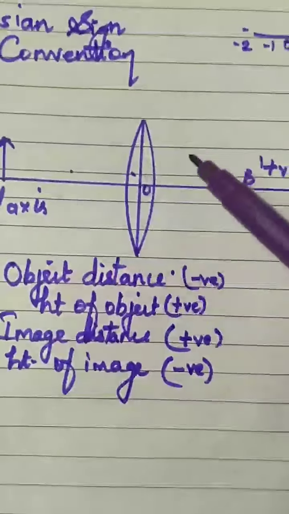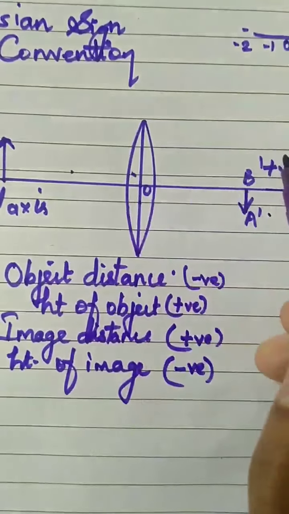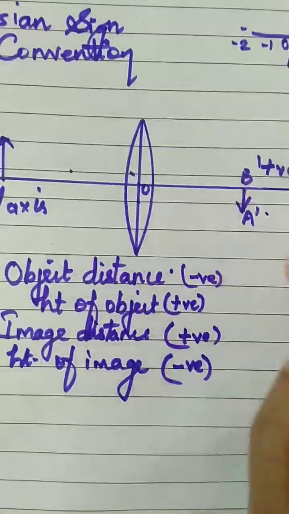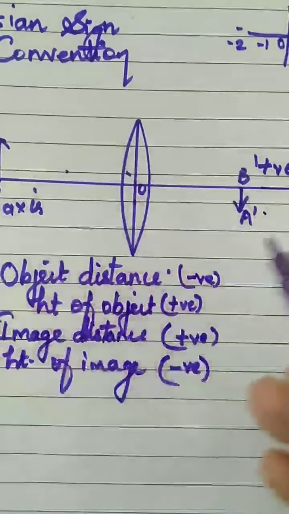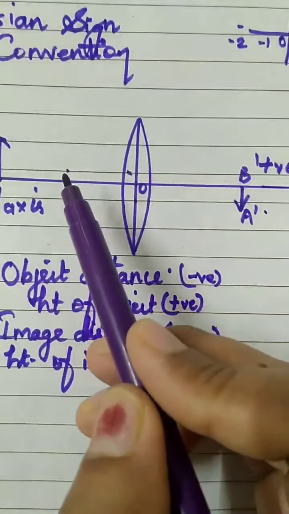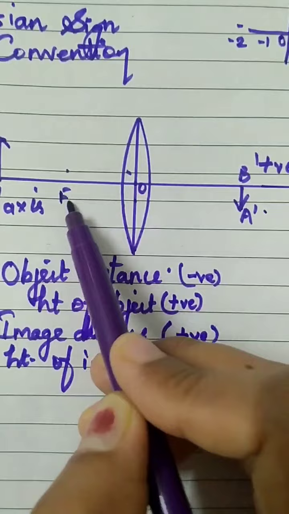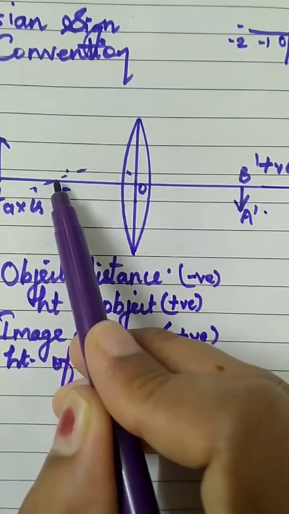Now for the focal length of a convex lens. For a convex lens, you always get the focus on the right side of the lens, so it will be positive. And for a concave lens, a few minutes back you saw the refracted ray passed through focus F1. F1 will be here when traced behind, so it is on the left side.